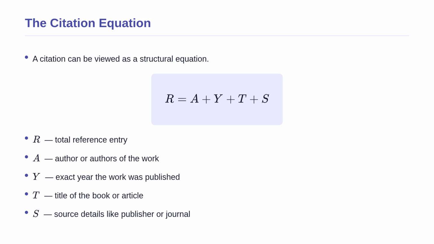The variable Y is the exact year of publication, telling the reader how recent the information is. The variable T is the title of the specific piece of work. Finally, the variable S represents the source details, such as the publisher name or journal volume. If any variable is missing, the equation is incomplete, and the reader cannot locate the document.